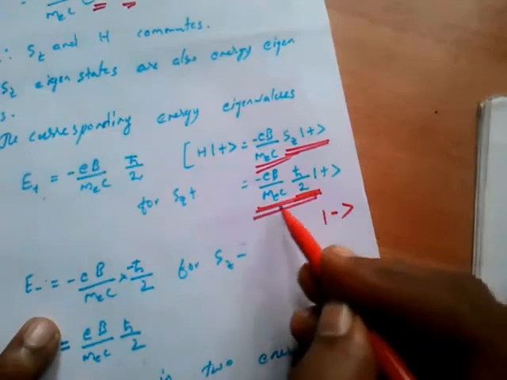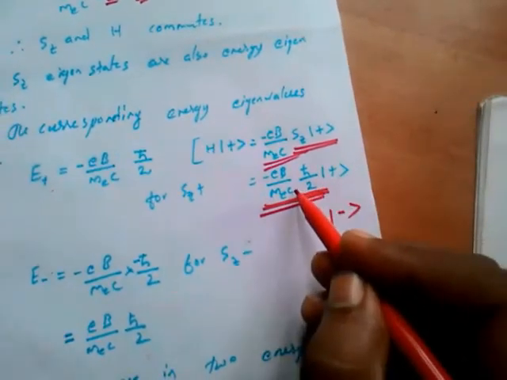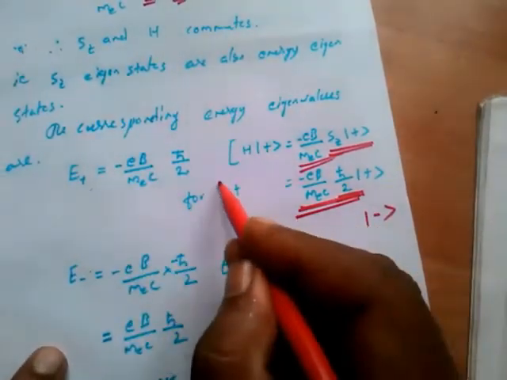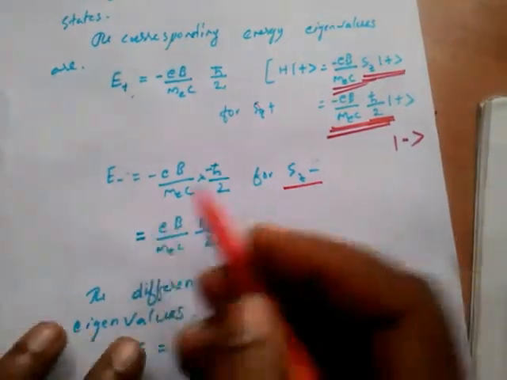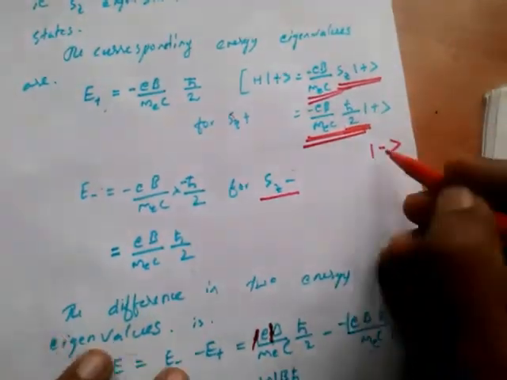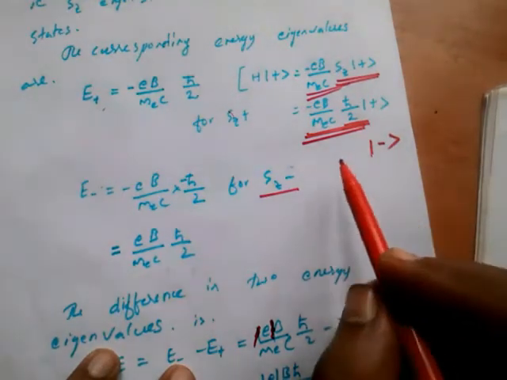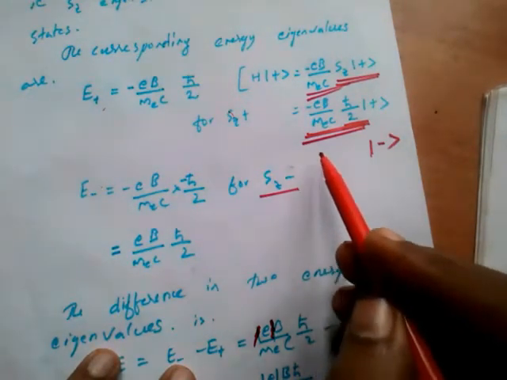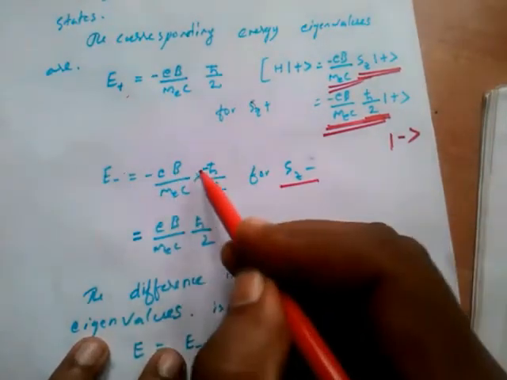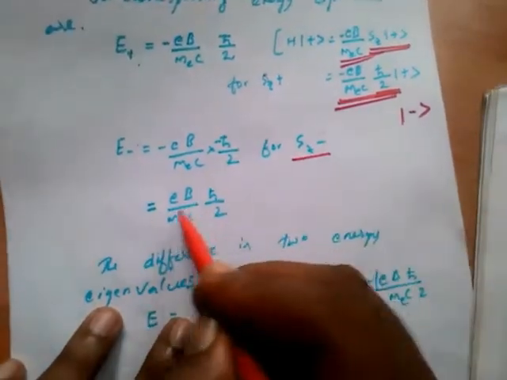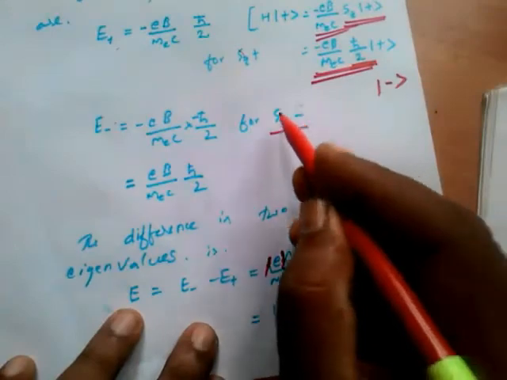So we get the energy eigenvalue E plus equal to minus eBħ over 2 m_e c for the S_z plus state, and for the S_z minus state we get a minus sign. When we operate with the Hamiltonian on the minus state, we get E minus equal to minus eB over m_e c into minus ħ over 2, that is eBħ over 2 m_e c for the S_z minus state.